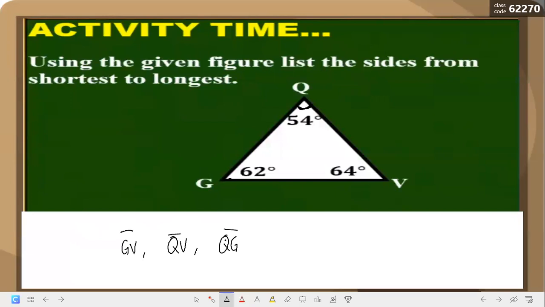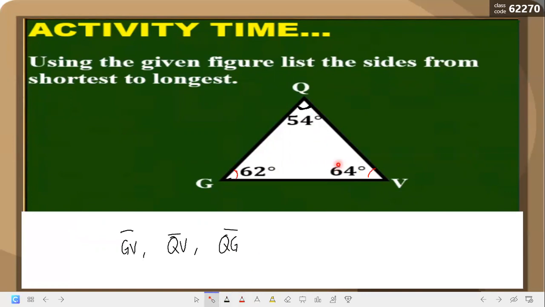For number 2, using the given figure, list the sides from shortest to longest. There is already something written here. Our largest angle is 64, then 62, then 54.